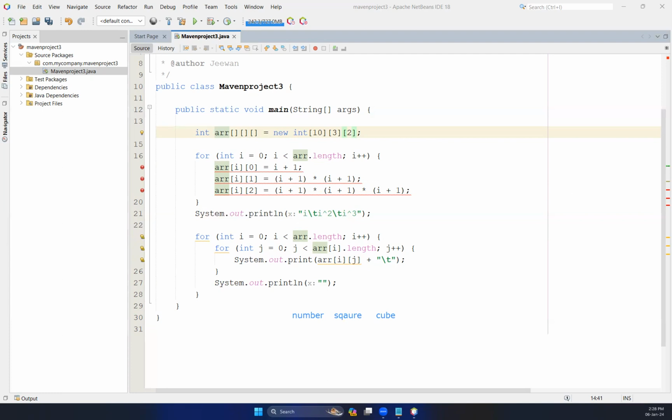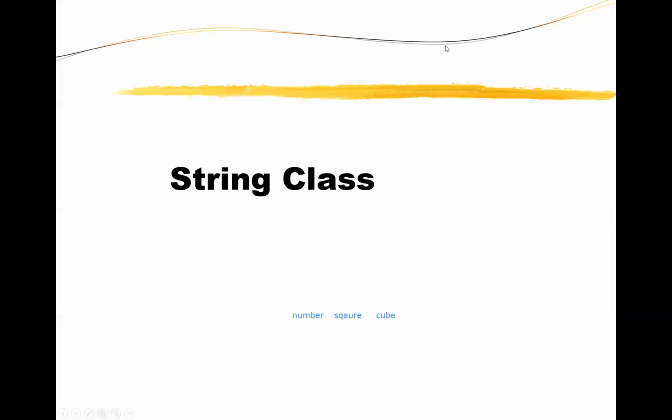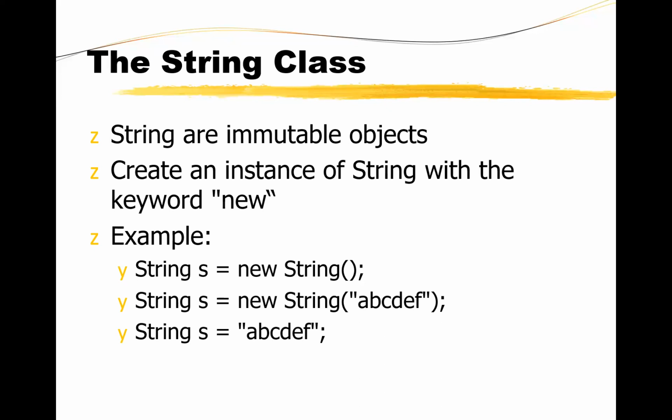Now we have discussed arrays and enhanced for loops. Now let's talk about the string class. When you talk about the string class, we also have to talk about the rest of the data types, but the string class says string objects are immutable objects.